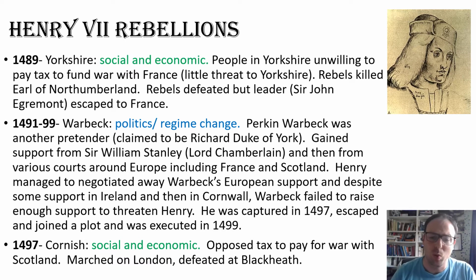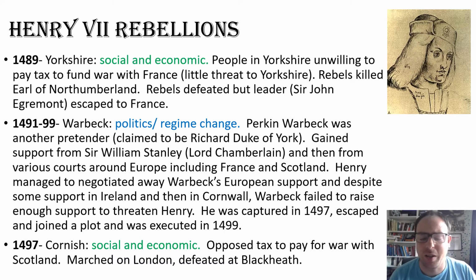And there was support for Warbeck at various points in Ireland and in Cornwall, but he failed to really raise much support at all in England. So he was more of a threat as an idea and someone who was kind of travelling around Europe trying to find people to back him, than actually in reality on the ground in England.